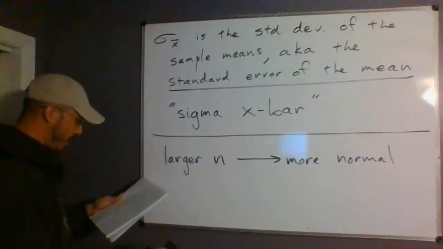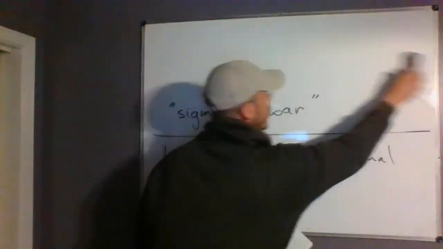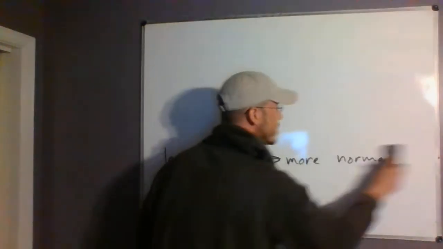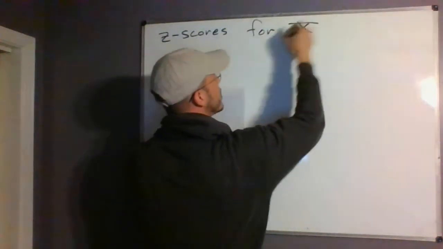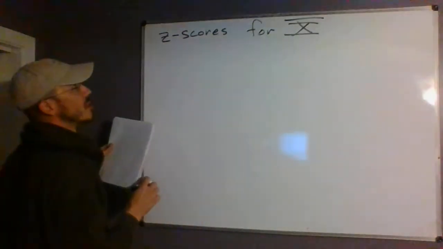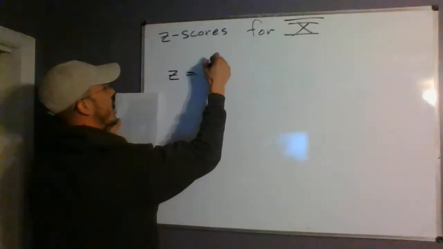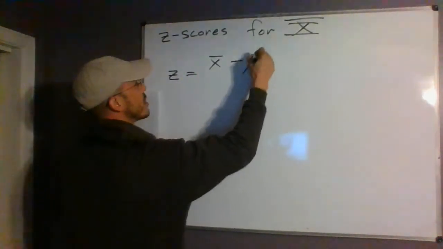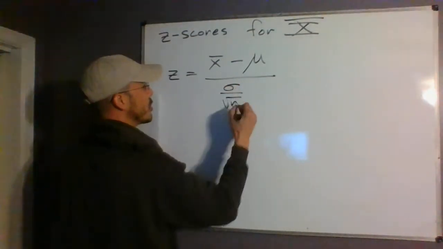Now I have a note about the z-scores. In this case, z-scores for the distribution of sample means, z is equal to x bar minus mu over sigma over root n.